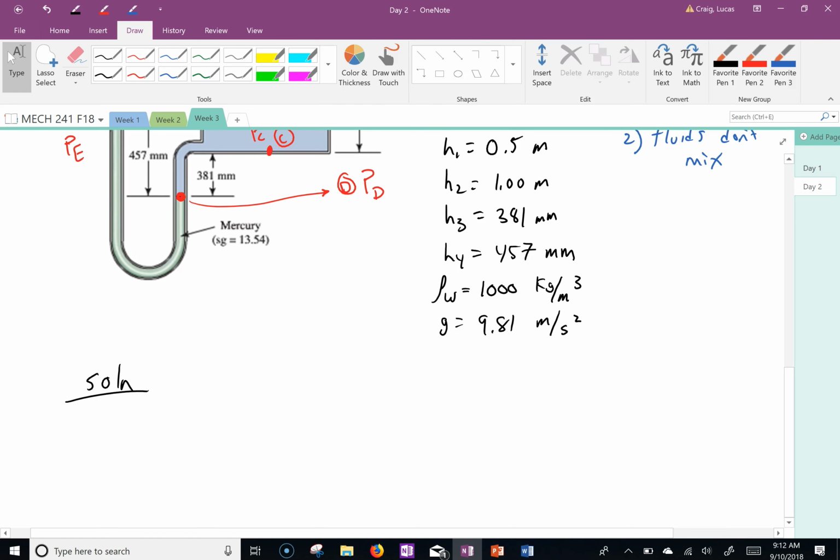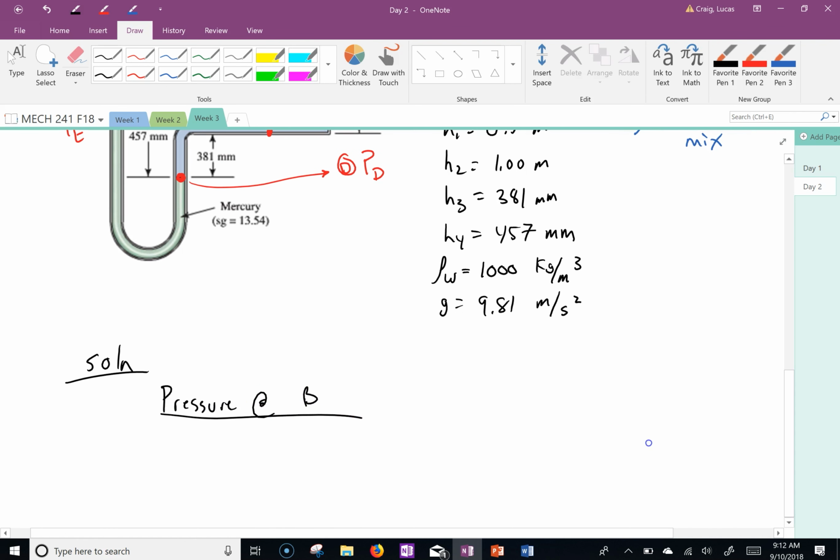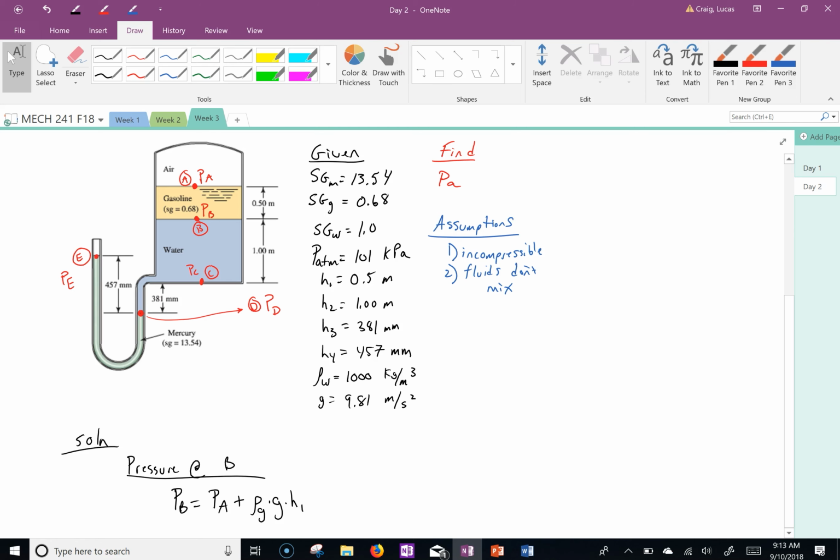So what I'm going to do is start with PB equals PA plus rho of the gas times G times H1. Anybody want to know why I started there? We're looking for PA, right? So find the equation first that has PA in it.